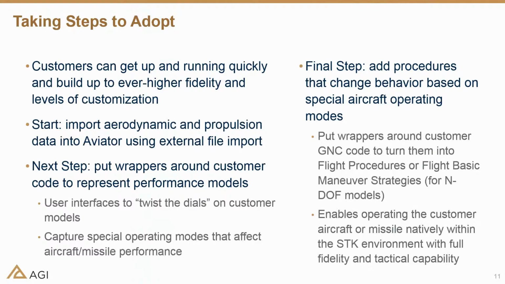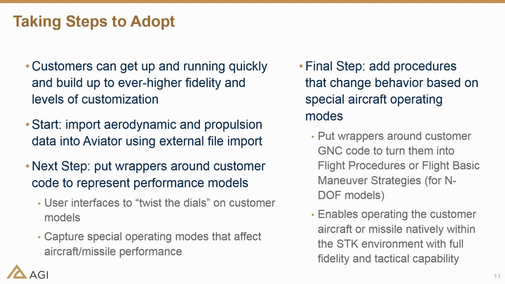One of the neat things about getting up and running: it might sound like, oh boy, this is computer code, I've got to do a whole lot of work to get up and running with this thing. But in reality, that's not true. You can get up and running with Aviator using your own data in a matter of minutes by just bringing in your aerodynamics and your power plant files. We've got plug-in points all over within our existing systems that can read these external files, and that's how we frequently work with various programs out there.